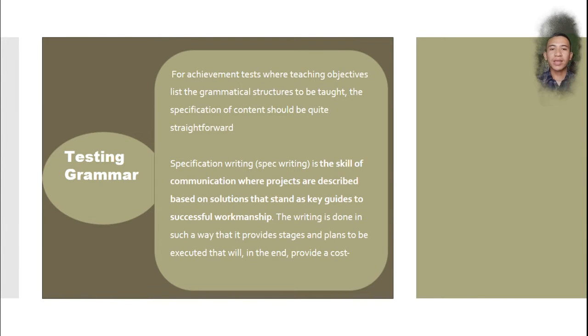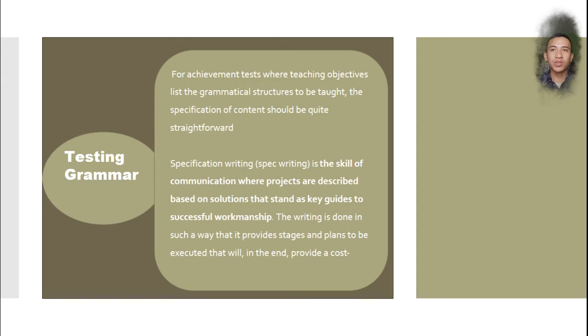Testing grammar is a kind of writing specifications, sampling, writing items, and scoring. Okay, number one, testing grammar. For an achievement test, where teaching objectives list the grammatical structures to be taught, the specification of content should be quite straightforward.